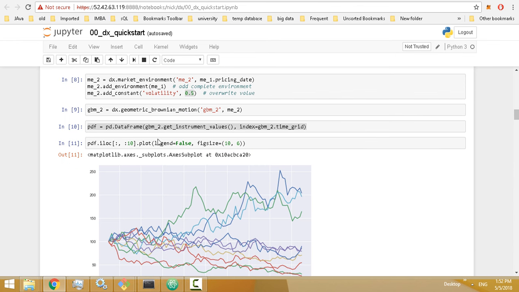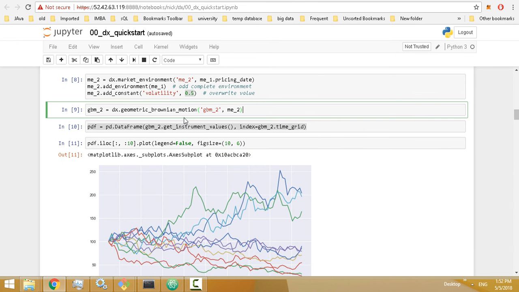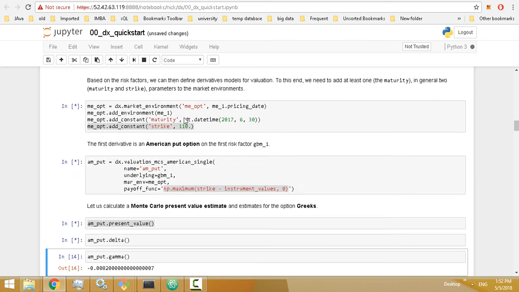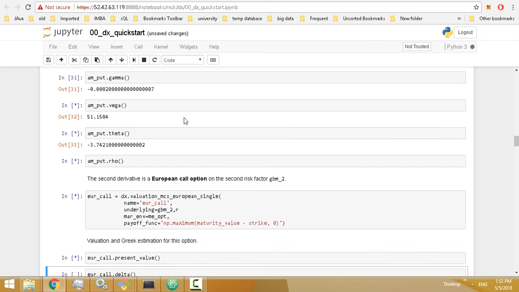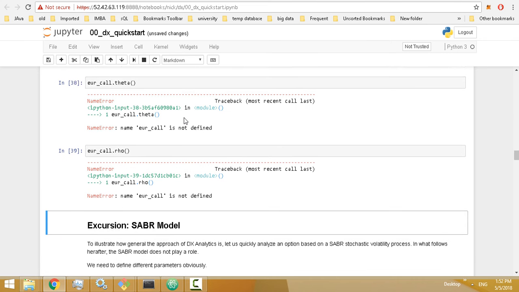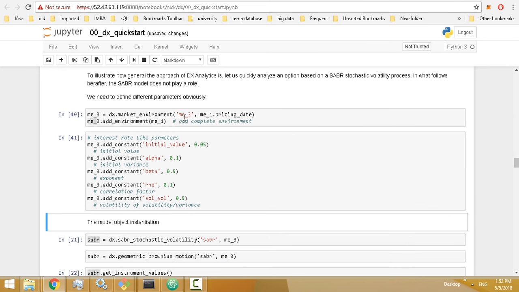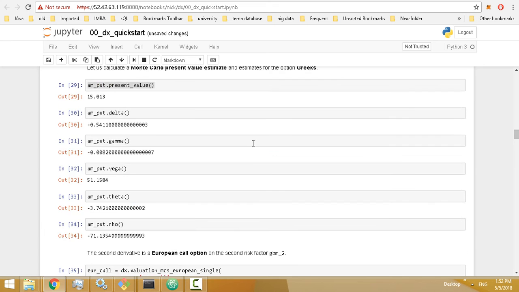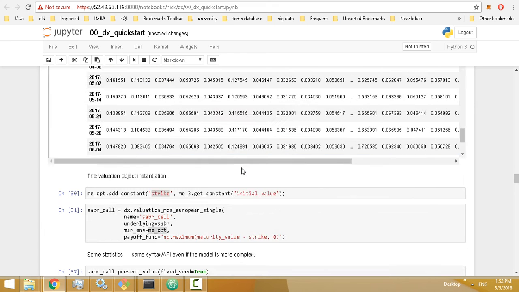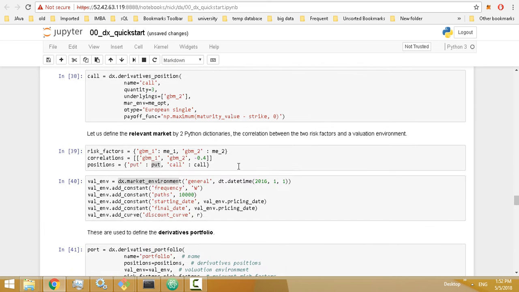We forgot to define some of these ones. So I'm running everything and hoping that maybe I need to run everything from the starting, but let's not worry about that. Let's see the output.